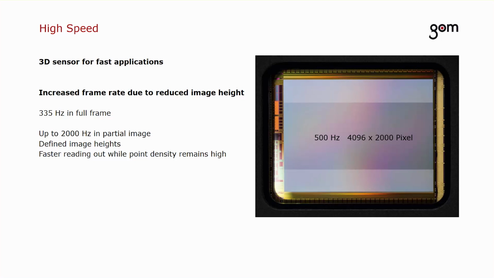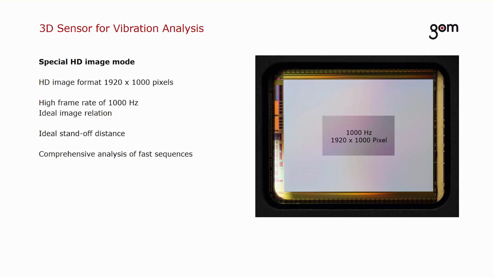So you have the possibility to go narrower, or you have the possibility to use a predefined HD mode, which is able to capture images at 1000 frames a second at HD resolution. So this is the sensor that we use to capture all these application examples that you've seen before.